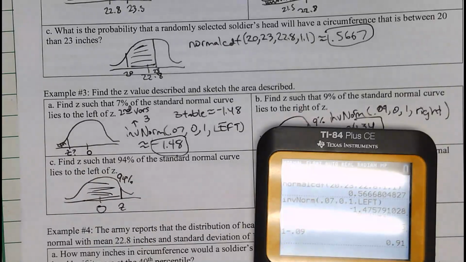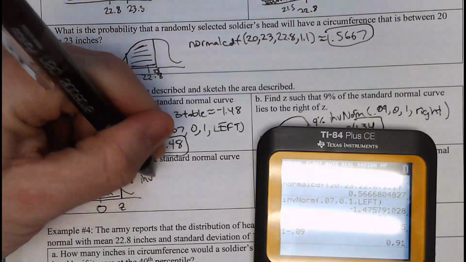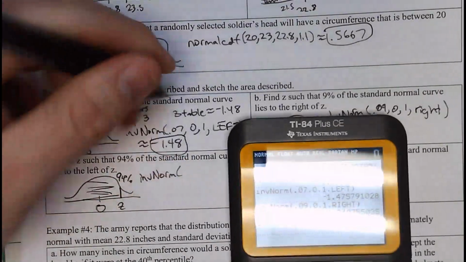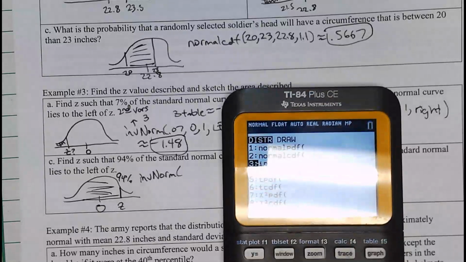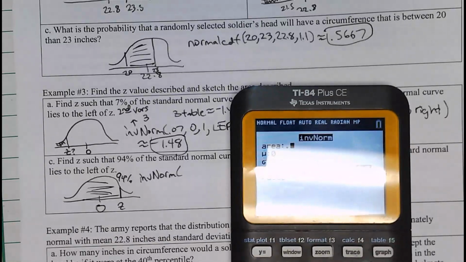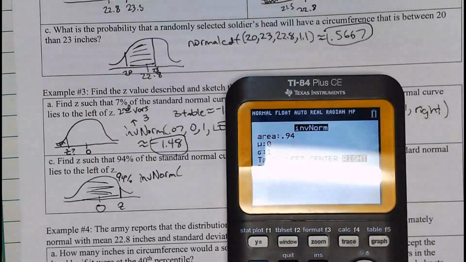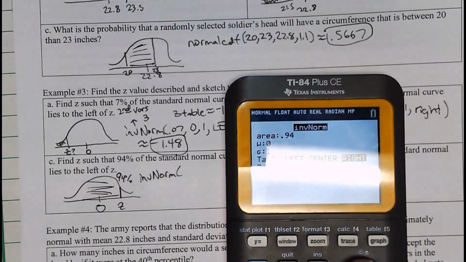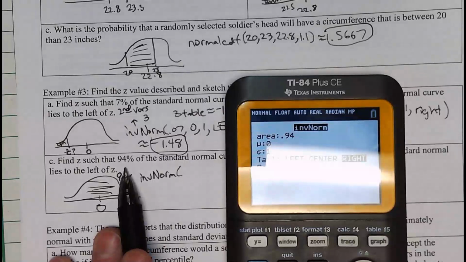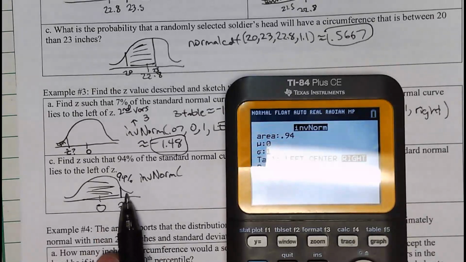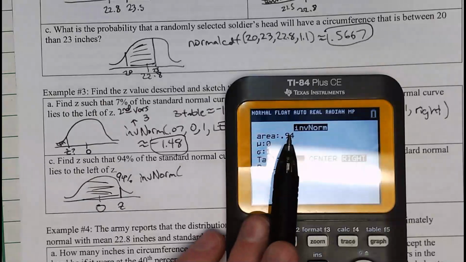Okay, so now what do I do next? Inverse norm. Now, hopefully not too bad. I'm throwing a lot at you today, though. So we're going to take a couple days to unpack this. What's the area? 0.94, mean 0, standard deviation of 1. Is that the left area, center, or right? This corresponds to 94%. It's left, right?